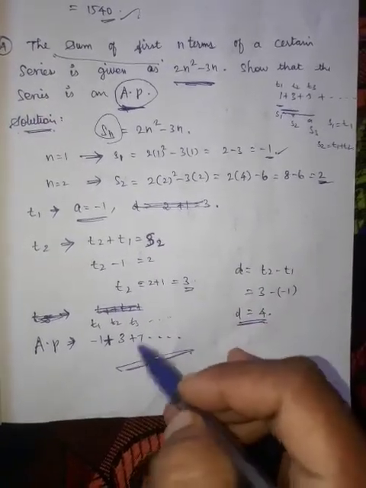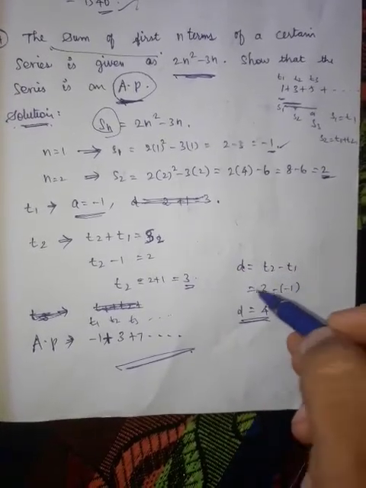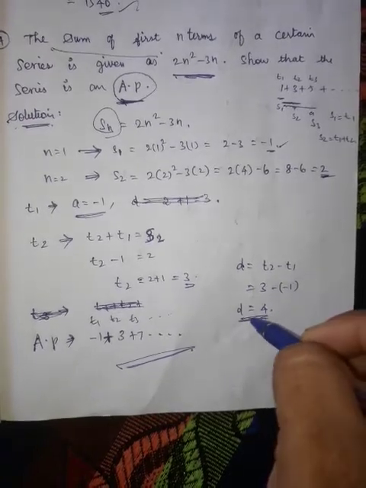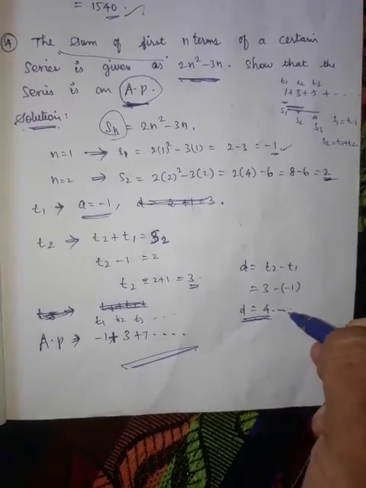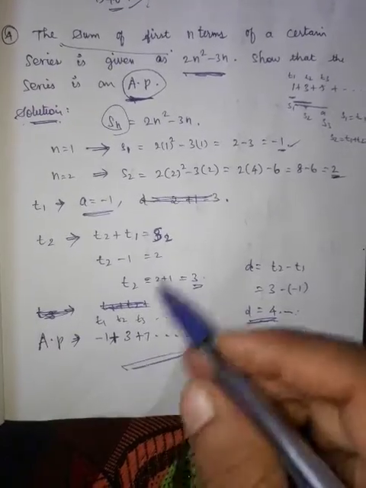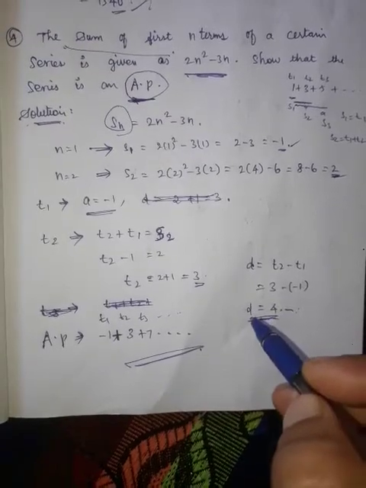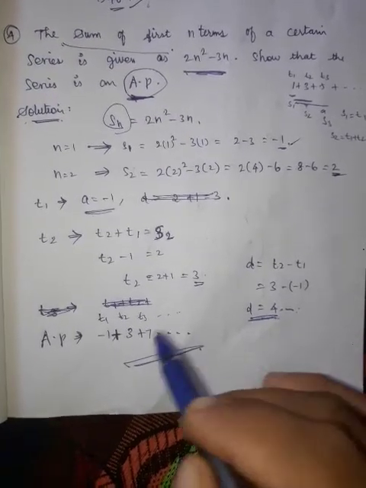The difference T2 minus T1 is 3 minus 1 minus 1, that is, d equal to 4. So 4 is the common difference of the AP. The first element T1 is minus 1, T2 is 3, and the third element, with difference 4, is 3 plus 4, 7, and so on.